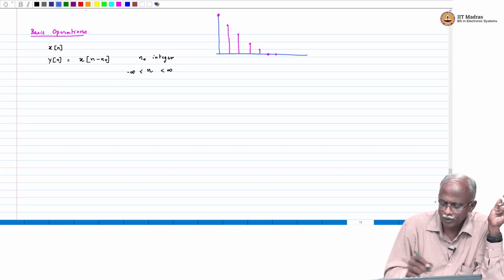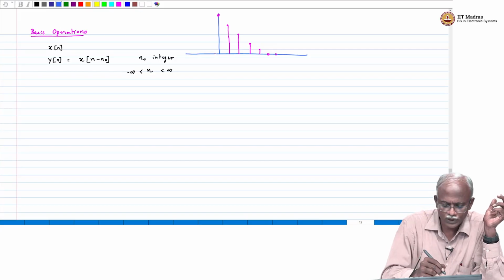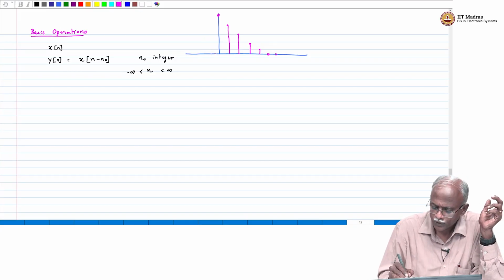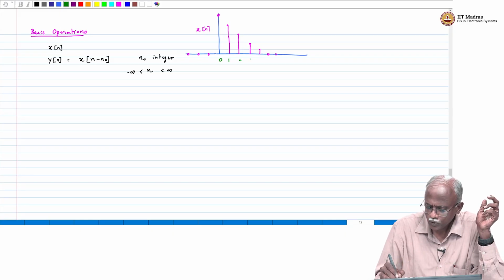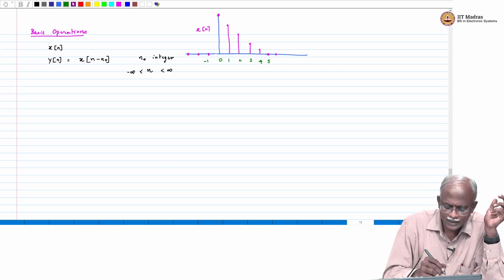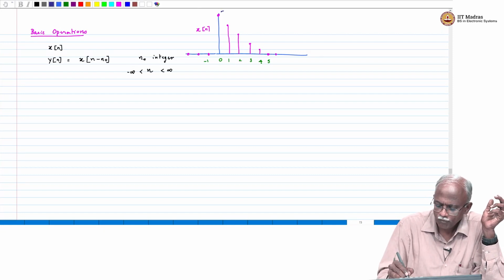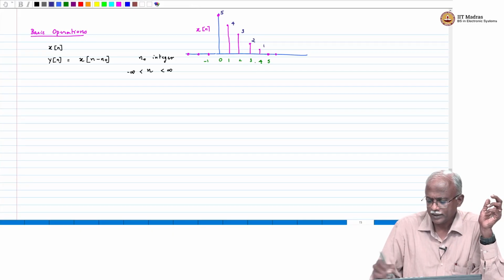It is 0 before time n equal to 0. So this is the sequence that we have. This is x of n. Write down 0, 1, 2, 3, 4, 5, minus 1 and so on. The height is given by 5, 4, 3, 2, 1 and then 0.